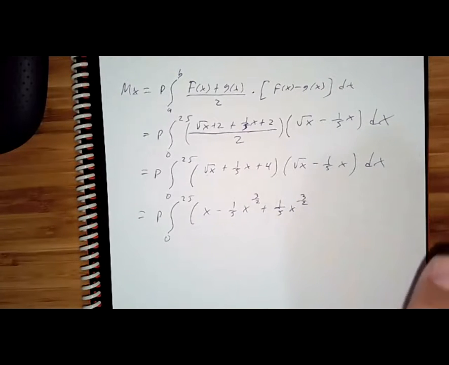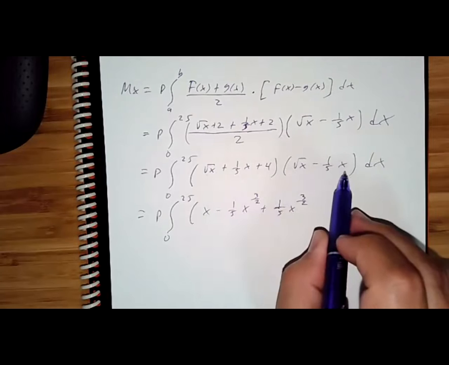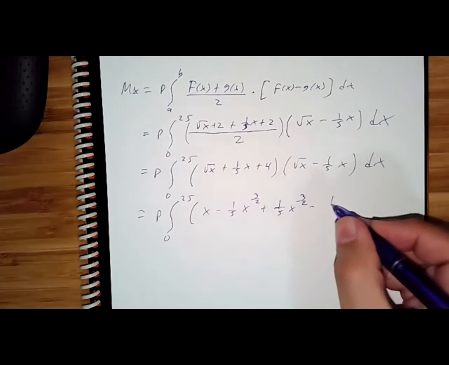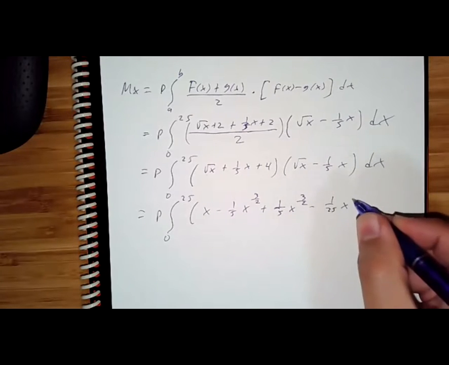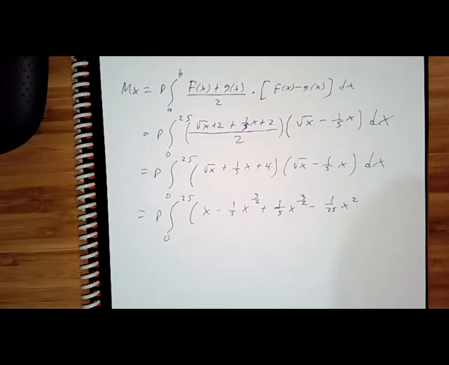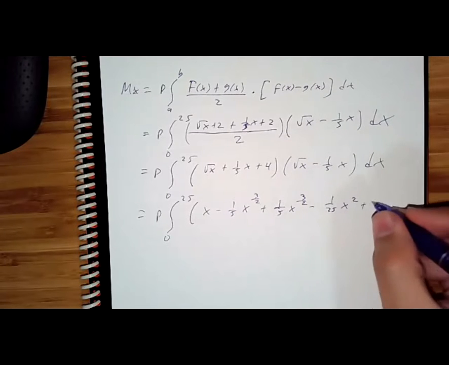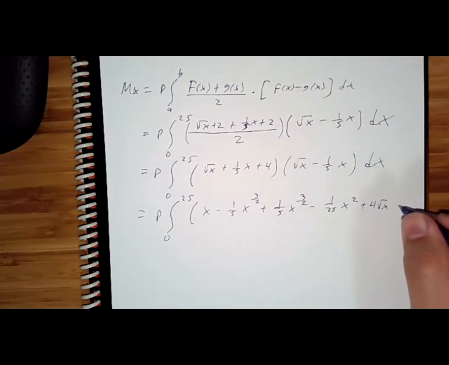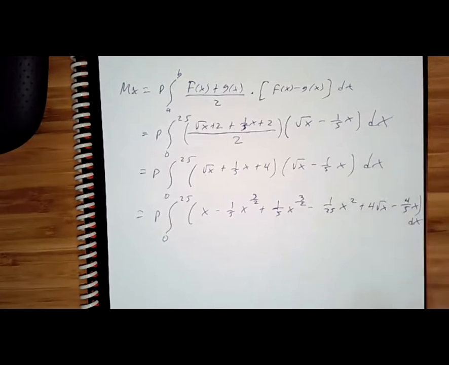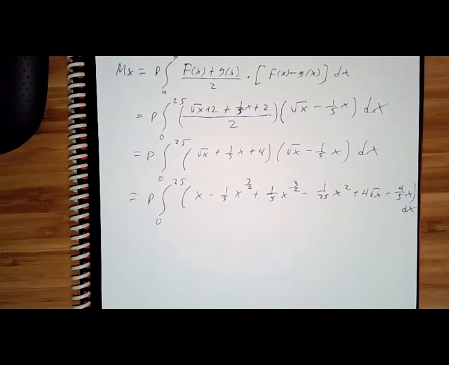Cool, that'll cancel. 1/5 x times negative 1/5 x will be negative 1/25 x squared, and for the root x, then minus 4/5 x dx. All right, so I did all the multiplication.